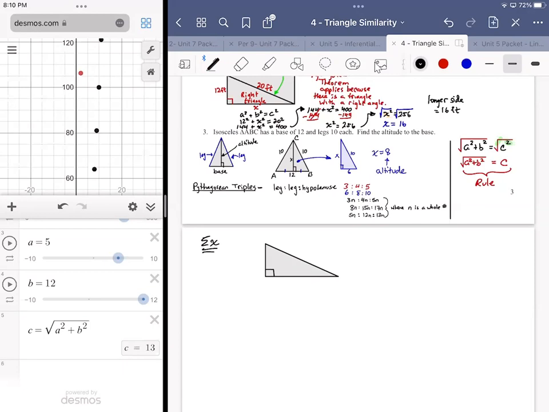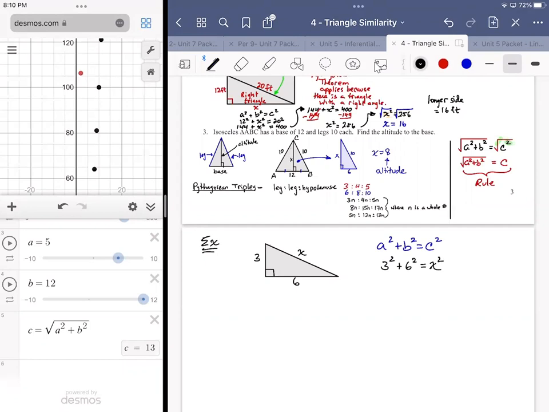Let's say the two legs are 3 and 6, and we need to figure out what x is. All right. So it's still the Pythagorean theorem. a squared plus b squared is equal to c squared. The two legs are known. 3 squared plus 6 squared is equal to x squared.